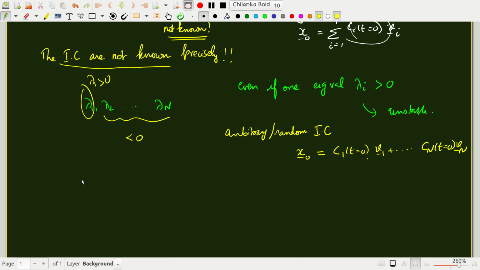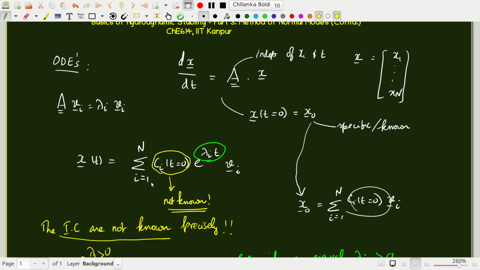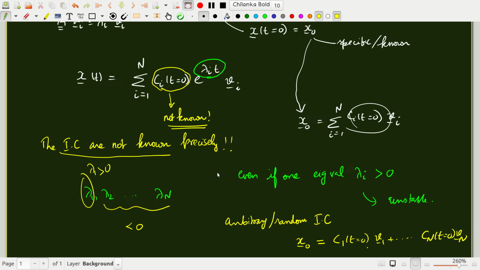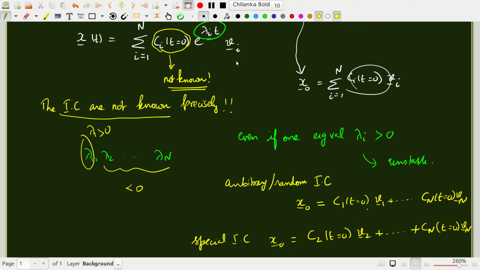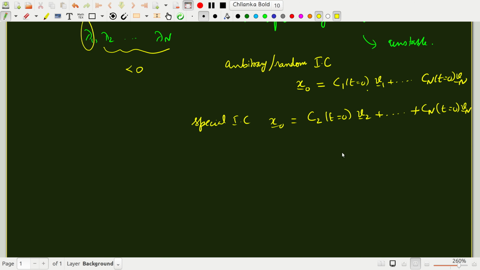Now you may argue: what if I have a special initial condition where x0 does not have c1, where you start with c2 v2 plus and so on up to cn vn? In this case, because only lambda 1 is greater than 0, the time evolution of this superposition will be stable, in general, if the eigenvectors are orthogonal and so on.